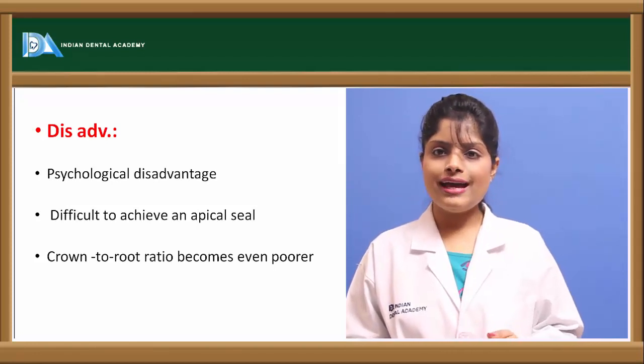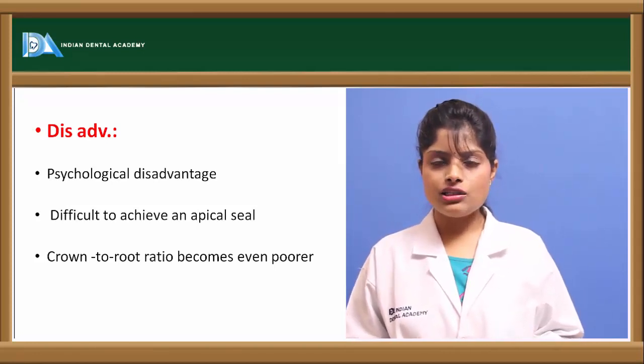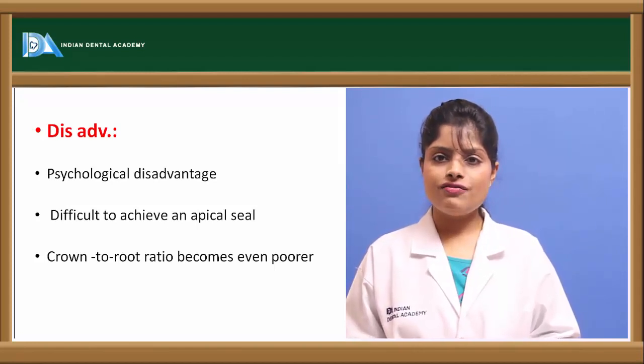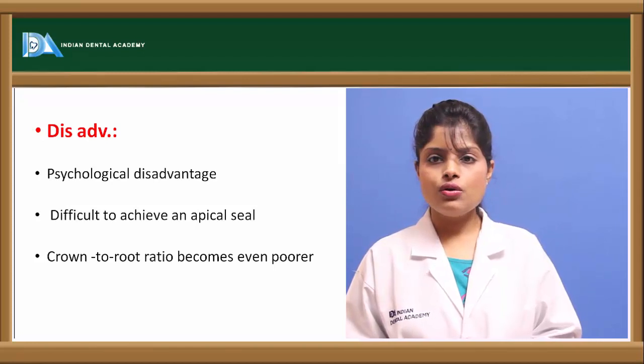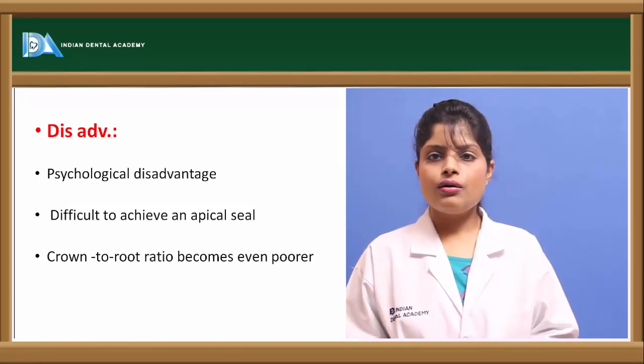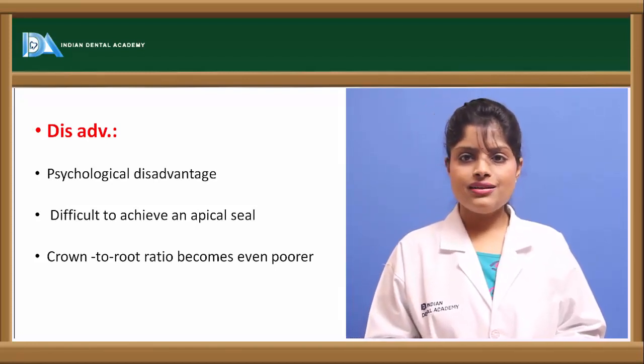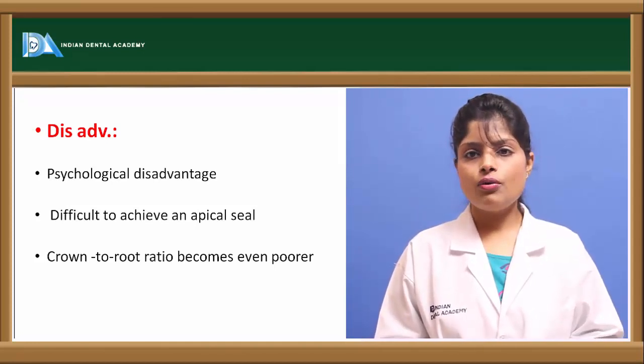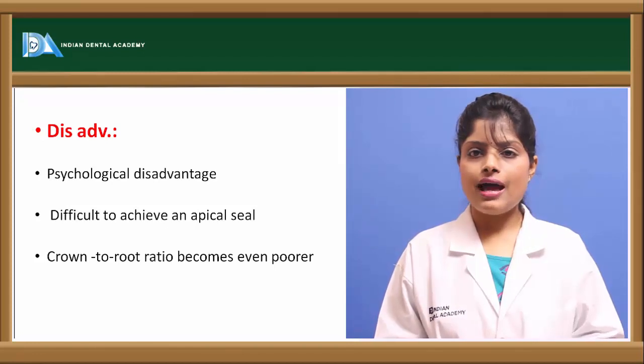Then the root can be retrogradely cut and filled by an obturating material. If a bony defect is present, we can also incorporate osteogenic materials or bone graft materials in that space, and then close the flap.